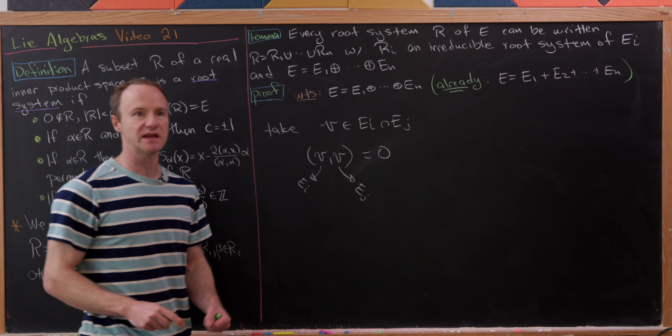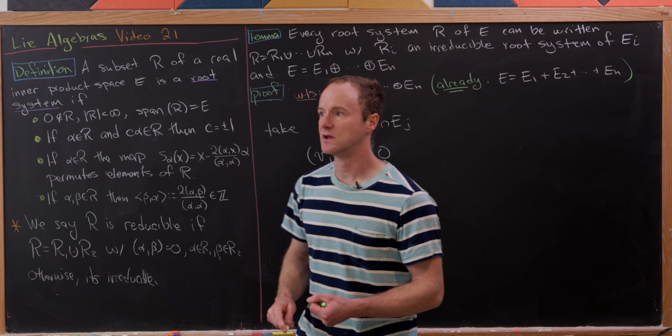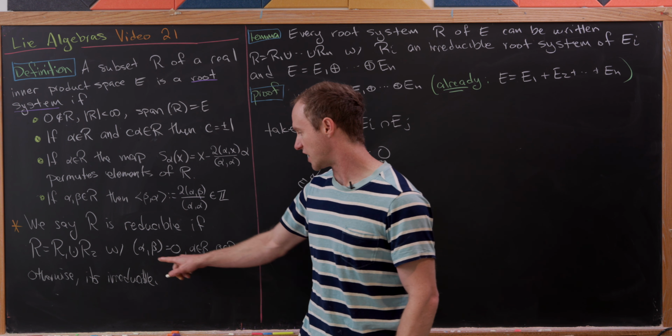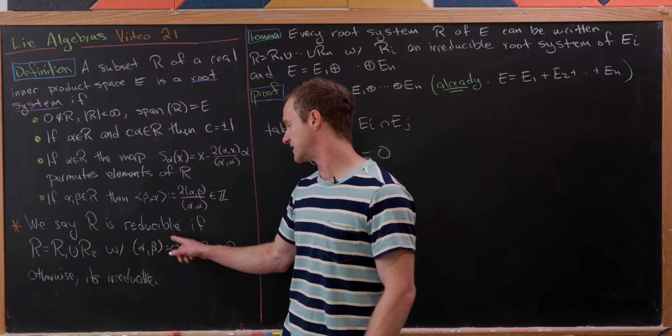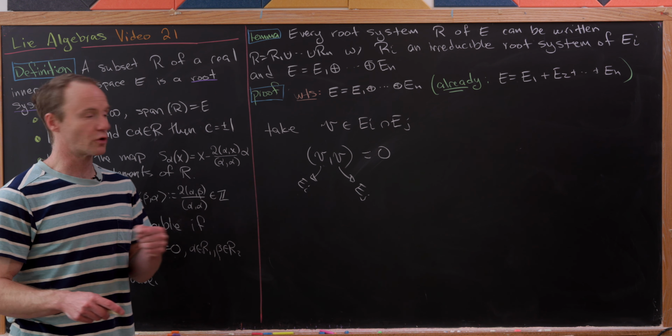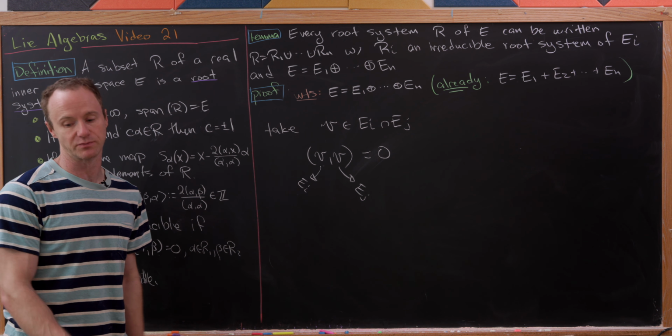That's because V is made up of linear combinations of things from Ri and Rj, and we know that those have an inner product of 0, which is built out of our equivalence relation on the last board.